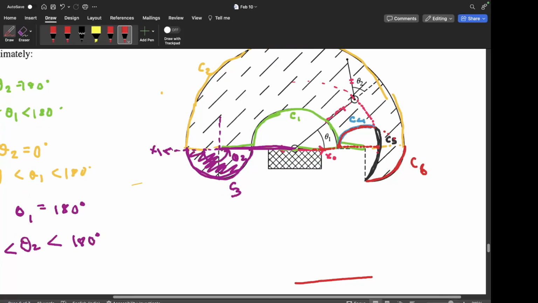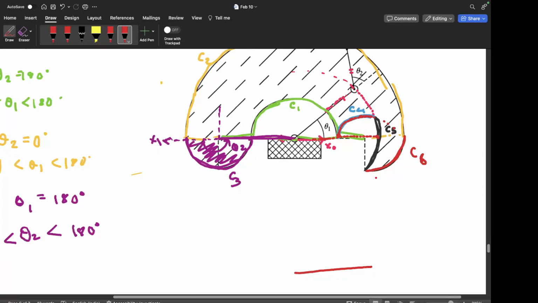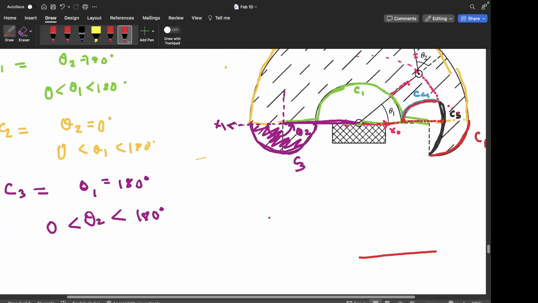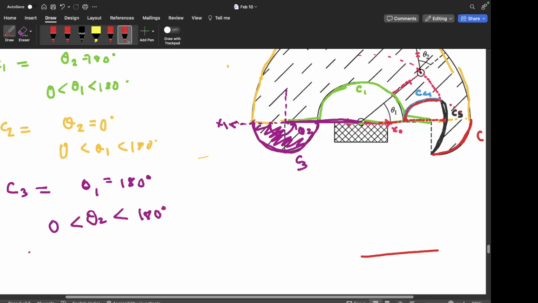And similarly, when theta 2 is, so let me first mark the C4 one. So C4 is, did you get the C4 one? Yes, sir.